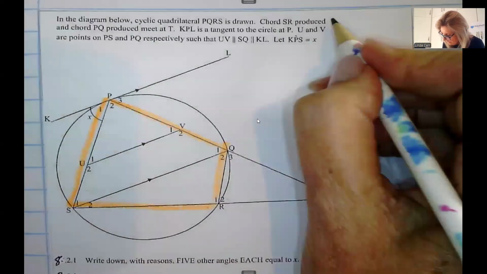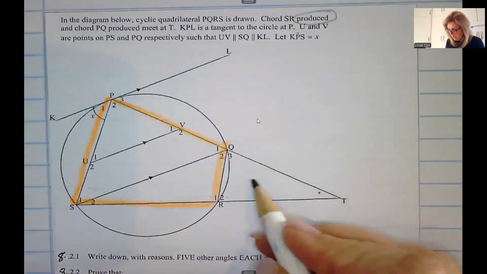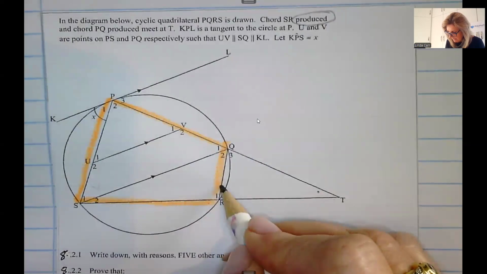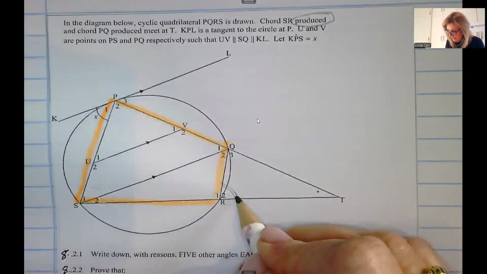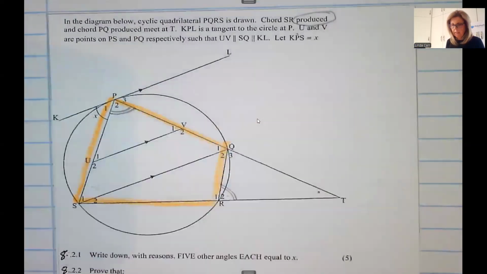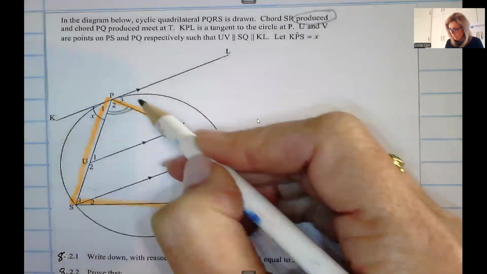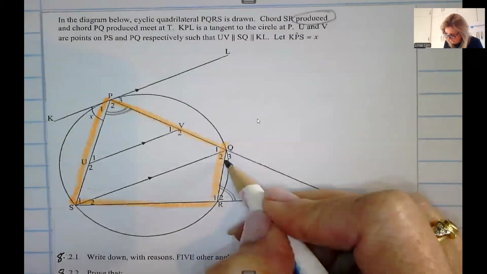There's that magic word produced. It means a straight line, which means automatically R2 is the exterior angle of the cyclic quad, and P2 is the interior opposite angle.